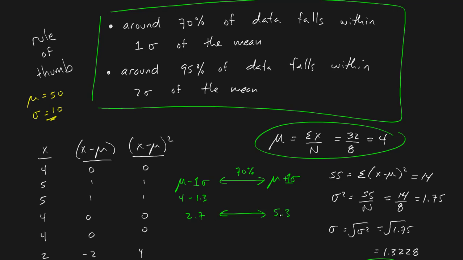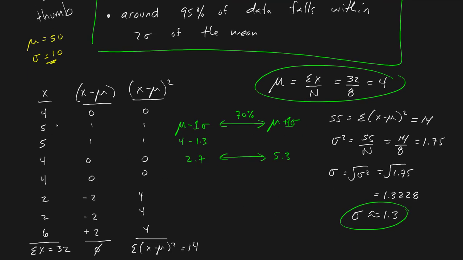So how many of my scores are between 2.7 and 5.3? Well, this is between 2.7 and 5.3, so is this, so is this. This is not, and this is not. So I have 1, 2, 3, 4, 5. 5 out of 8. And 5 out of 8 is how much?